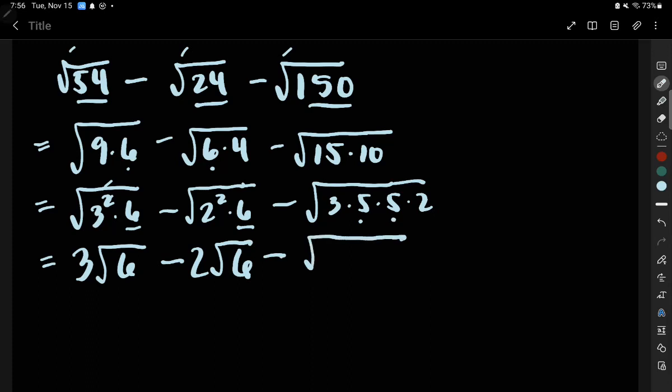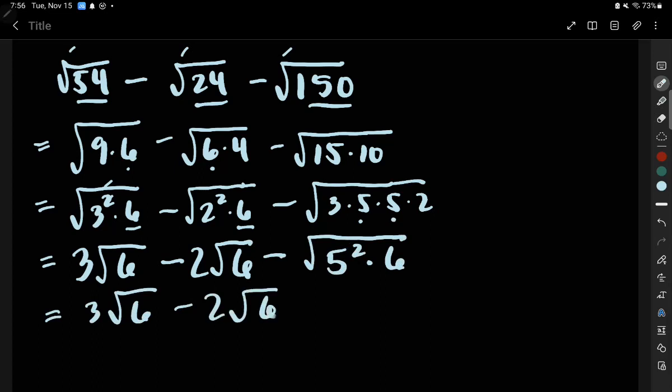So this will be 5 squared times 6. Let's copy everything, except for 5 squared, we can take it out. So it becomes 5 square root of 6.